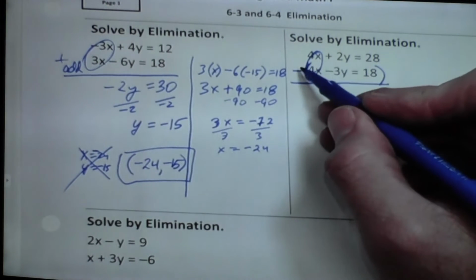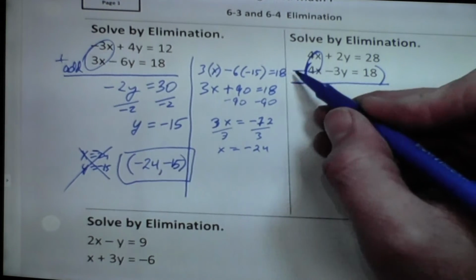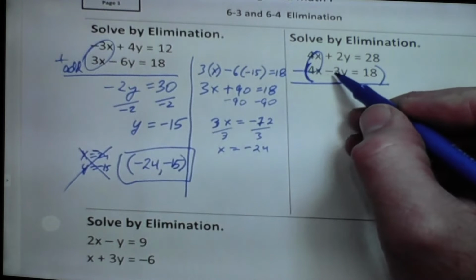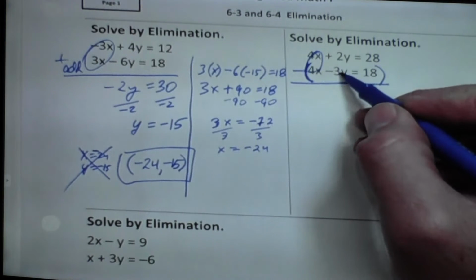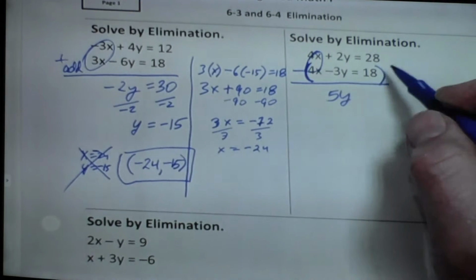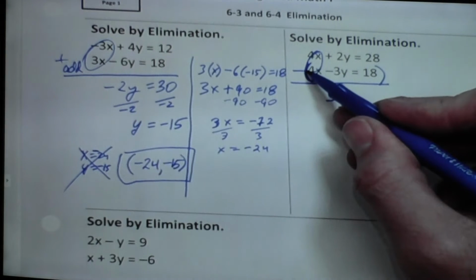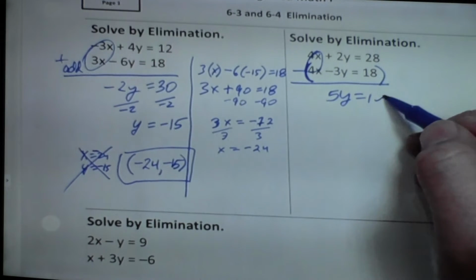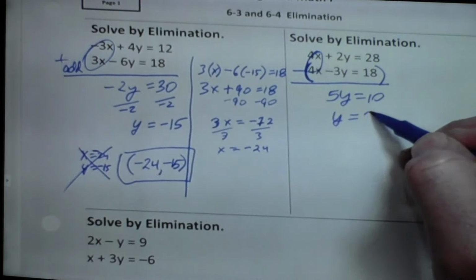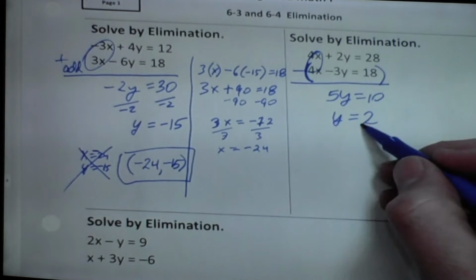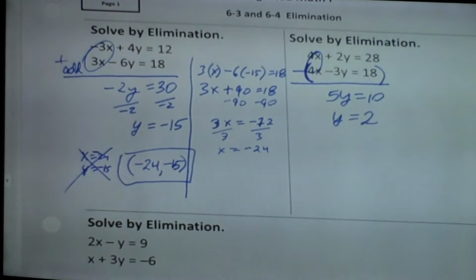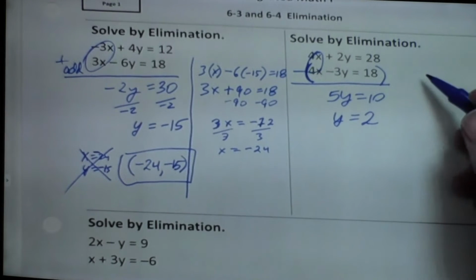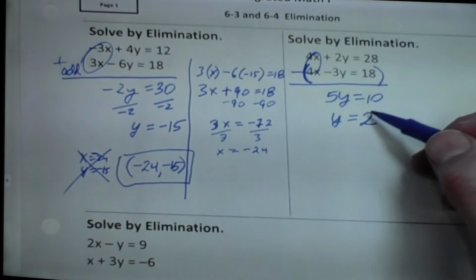This is 2y minus a negative 3y. Minus a negative is a positive, so that makes it plus 3y. 2y plus 3y is 5y. 28 take away 18 is 10. So y is equal to 2. Now I can take that 2 and I can put it back into one of these. Doesn't matter which one.